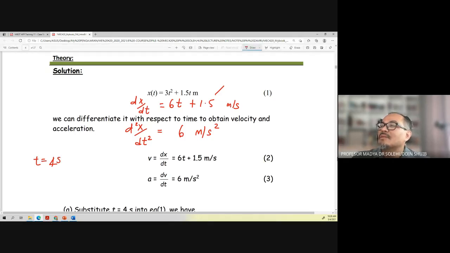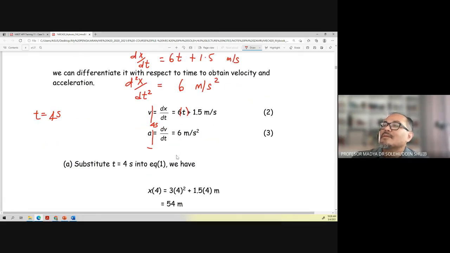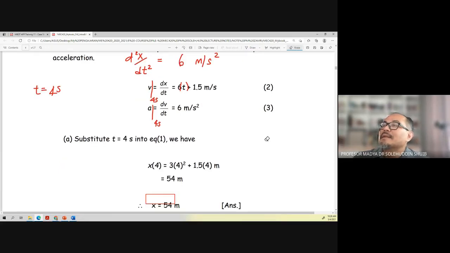So just substitute the value of t into here. Okay. t is 4 seconds. No need to have a substitution here because we have only a constant. Okay. So you substitute the value, and you get the value of x equal to 54 meter.